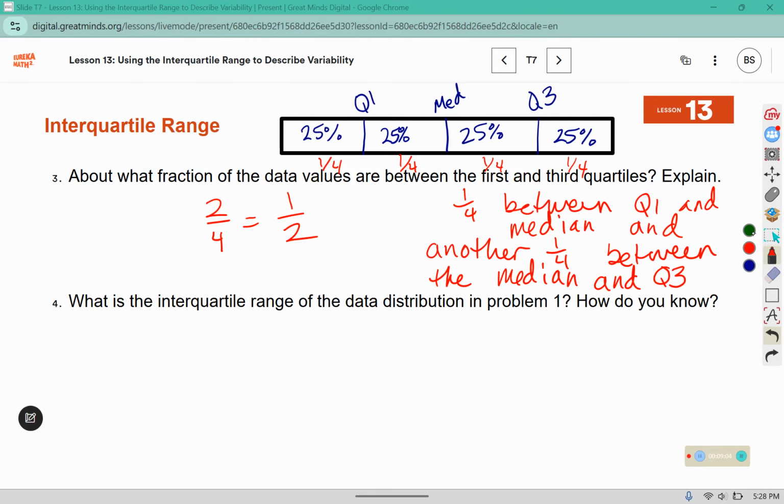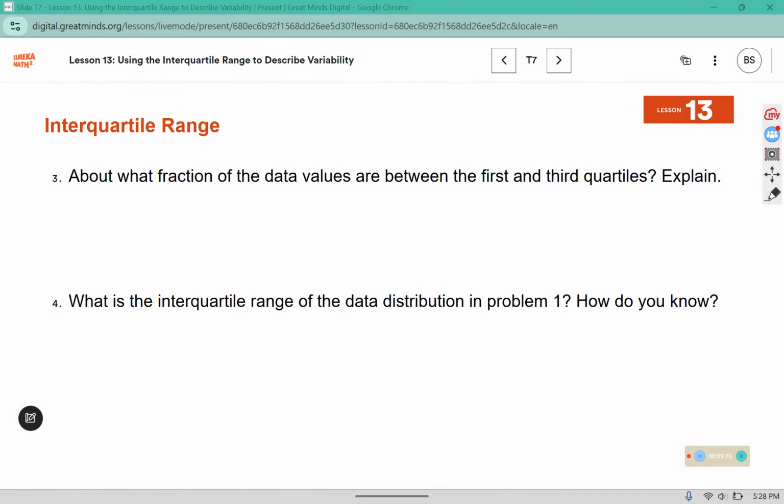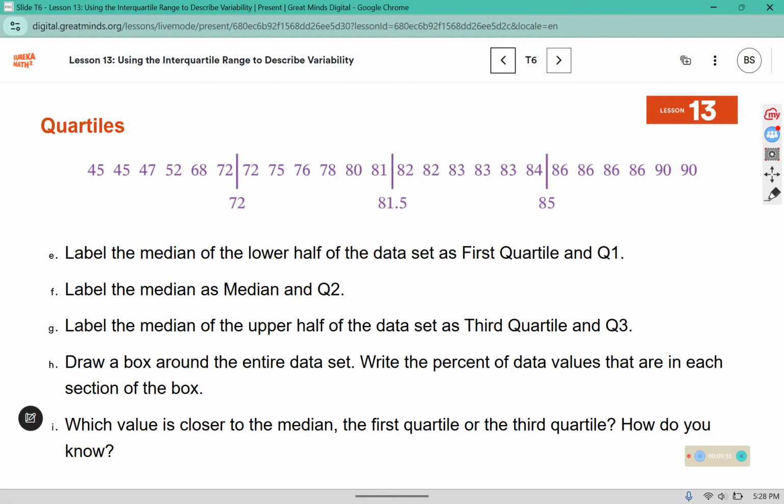What is the interquartile range of the data distribution in problem 1, and how do you know? Well, for range, we take the largest number and we subtract the smallest number. So interquartile means in between the quartiles. Let's go back and look at our interquartile values. Here we have 72 and 85.